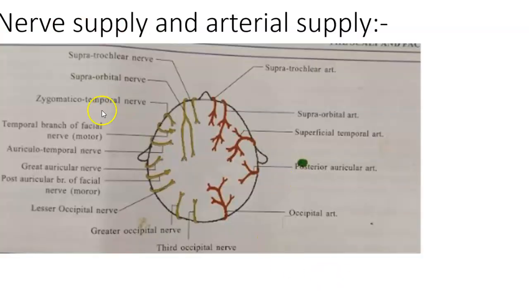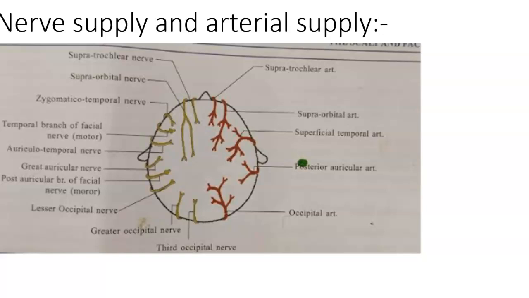Next, let's go into the nerve supply and artery supply. Here you can see the whole scalp is supplied by 13 nerves, of which 3 are motor and the rest are sensory.